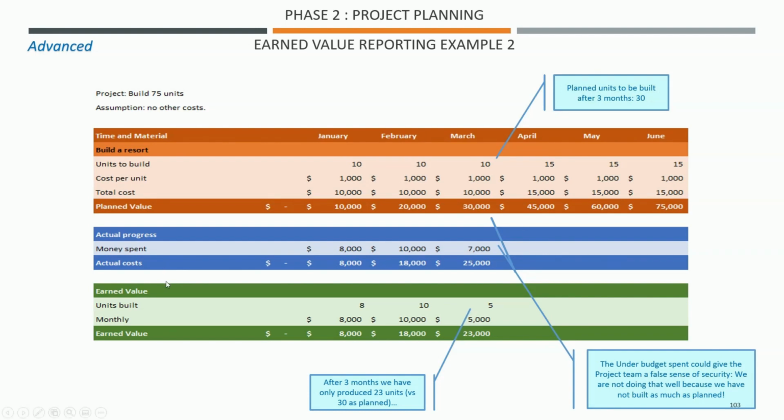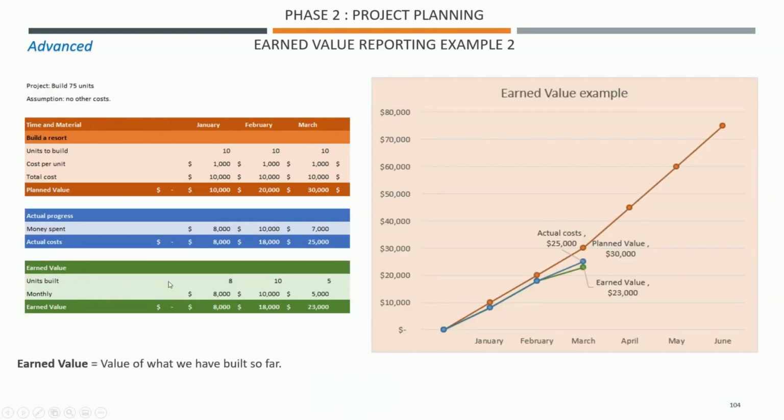So let's have a closer look at what that would look like on a chart. This is how you could represent it, bearing in mind you're still in the advanced section here. We are in March, same example: we have spent only 25,000 when the planned value was 30,000, but we've only created this.